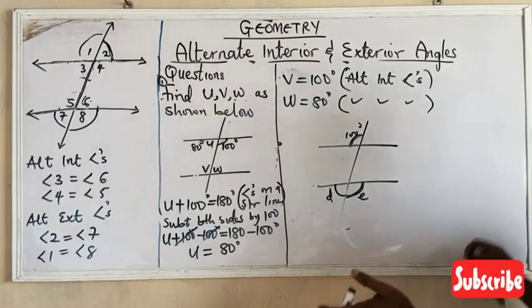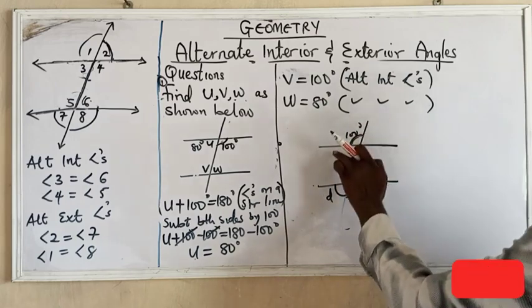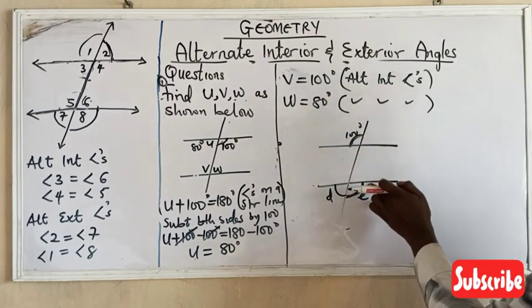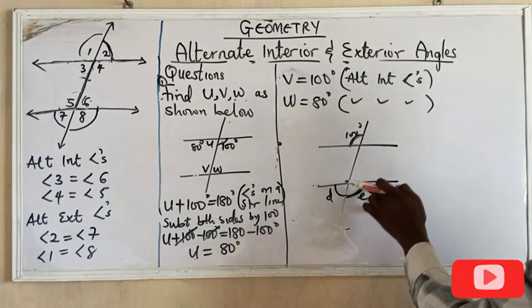Let's not forget that alternate means the opposite. So if it comes out at the top and is external, then the opposite will also be external, but it's going to be at the back. So if this is the front, it's going to meet it at the back.